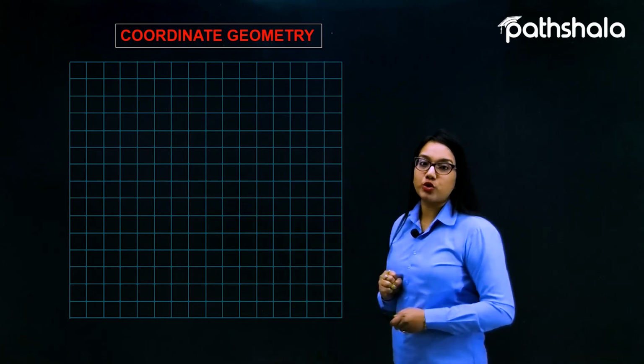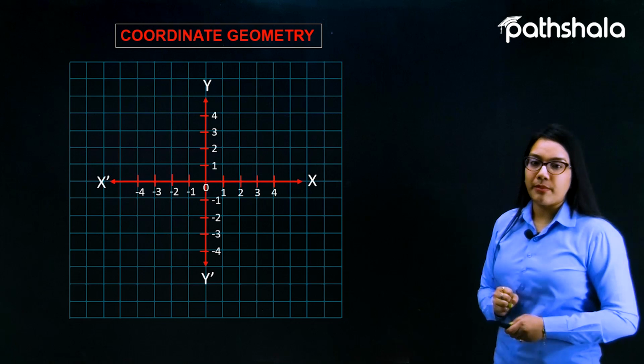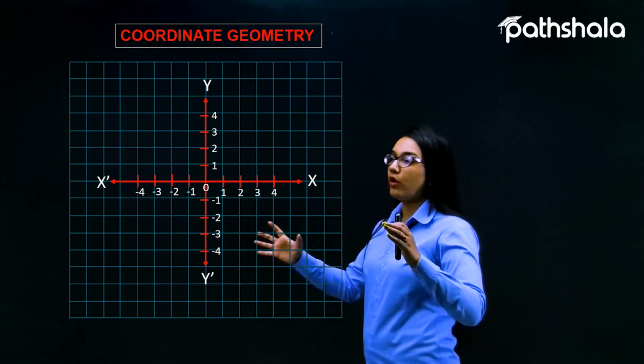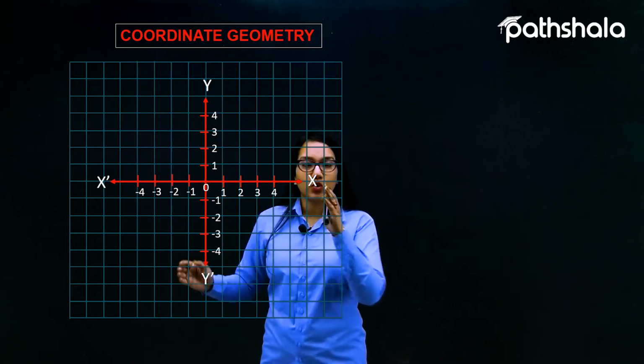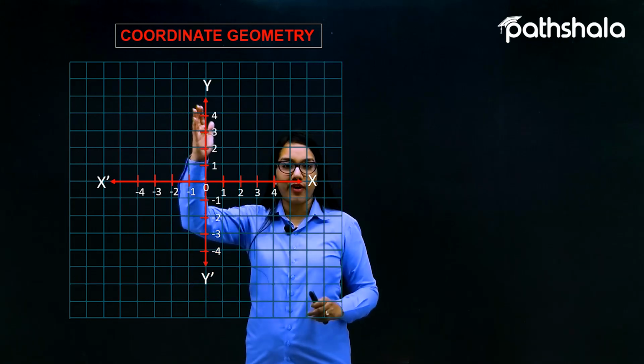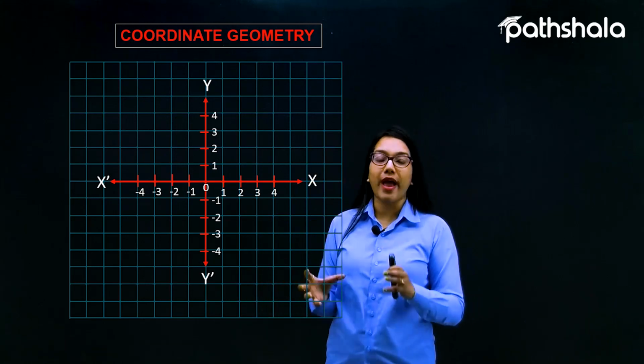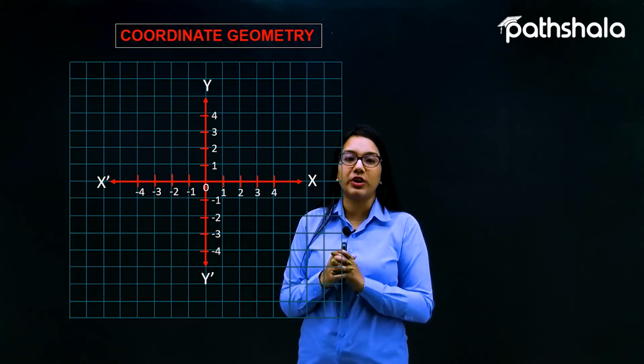Now let us take both of them in a graph, and we can see them all together like this. So x dash, y dash are our two axes which are perpendicular to each other.